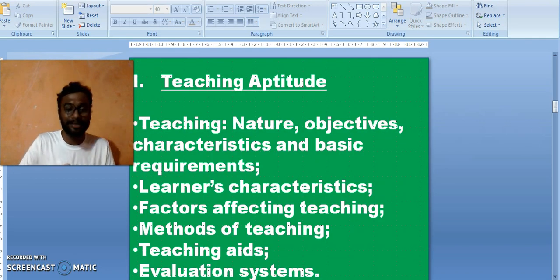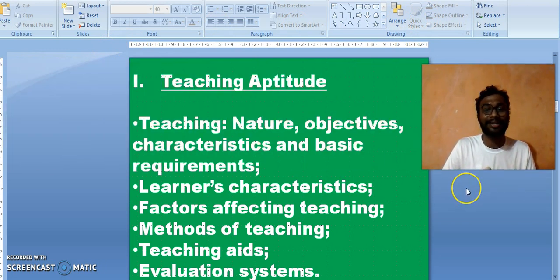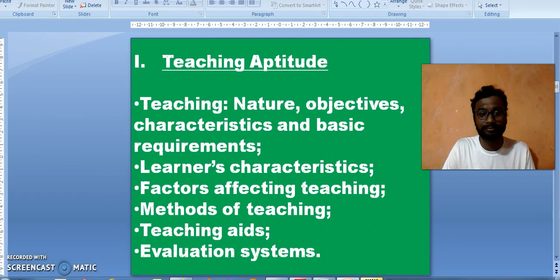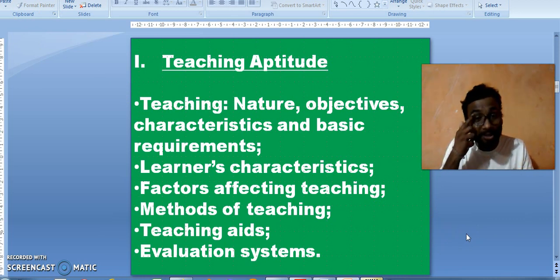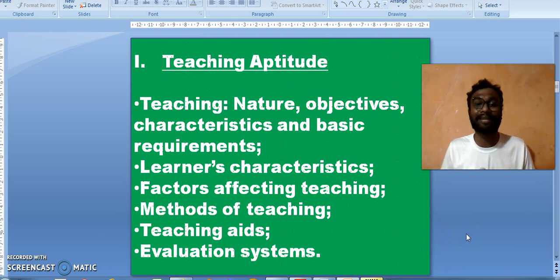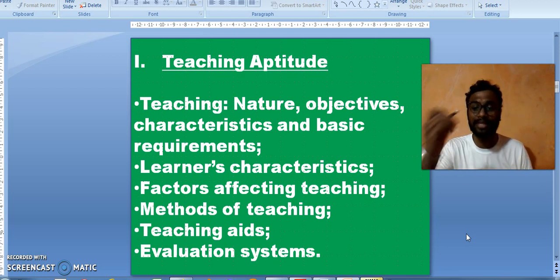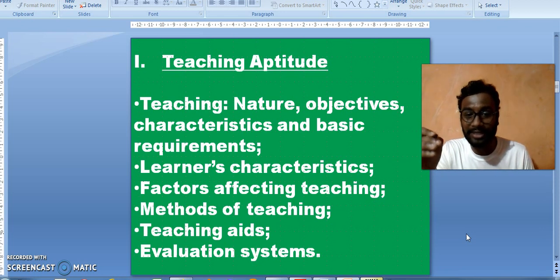First part, I am going back. Here you can see it is teaching aptitude. Generally in teaching we have nature, objectives, characteristics and basic requirements, learners' characteristics, factors affecting teaching, methods of teaching, teaching aids and evaluation systems.